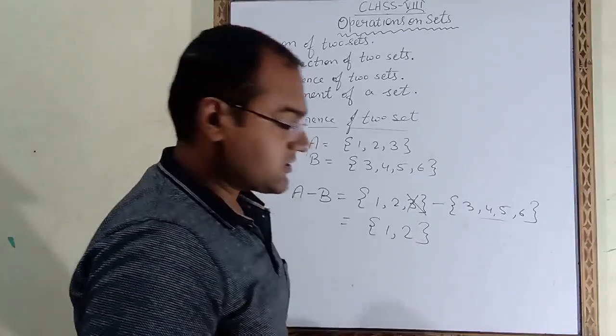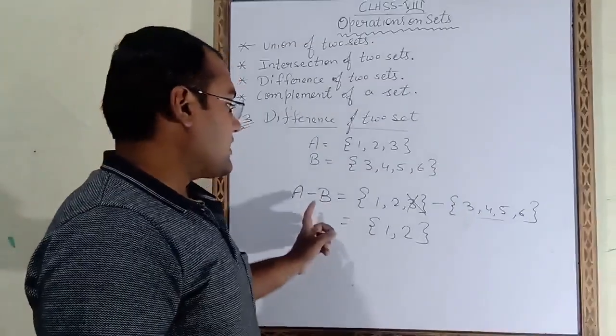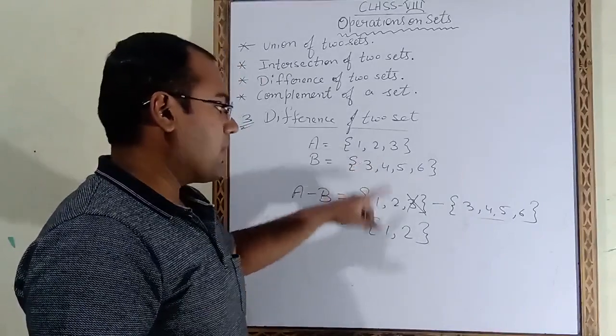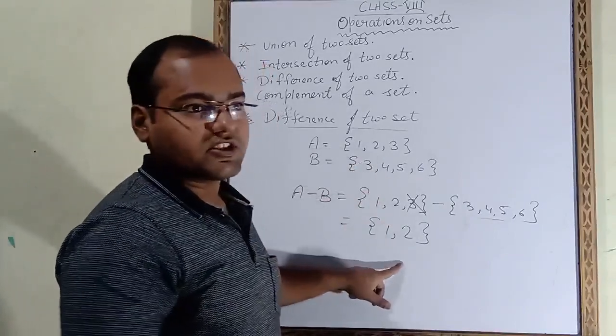So what will be the definition here? The set in which all the elements belong to A but do not belong to B. You can check it. What I said?